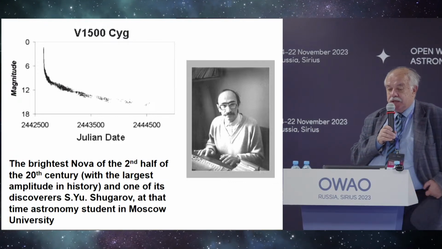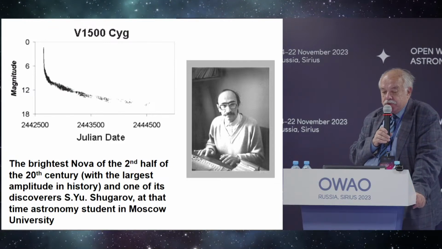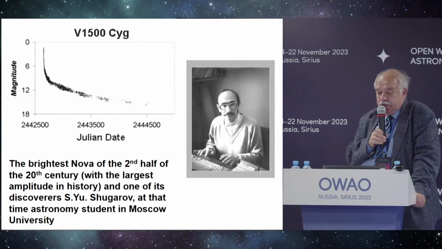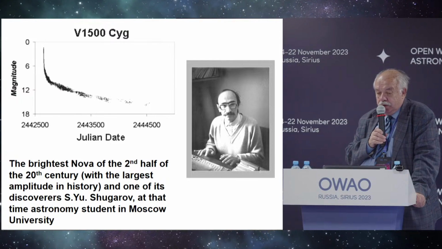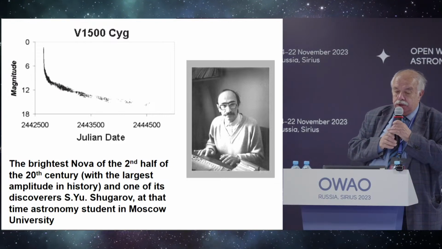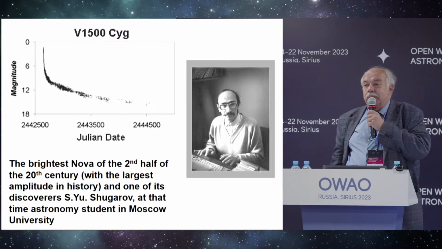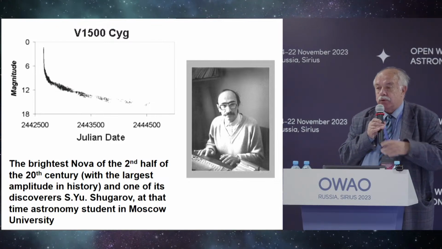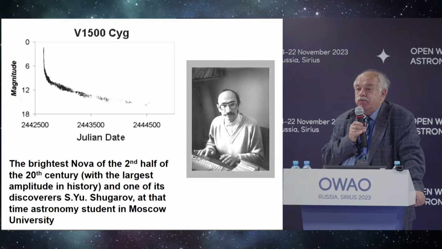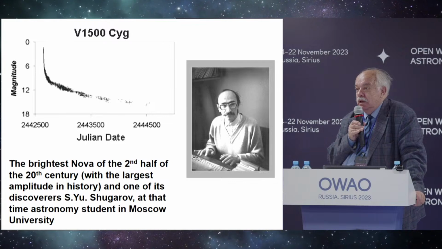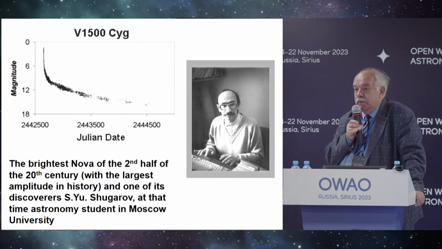For instance, the brightest nova of the second half of the 20th century, Nova Cygni 1975, or V1500 Cygni, was second magnitude at maximum brightness. And before the outburst, it was faint, at 21st magnitude. So the amplitude is 19 magnitudes at least.